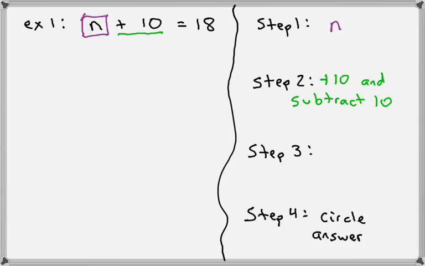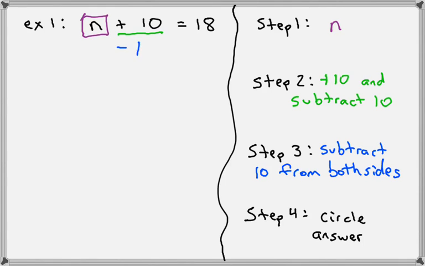Step 3 was to actually perform that operation. So we needed to actually subtract 10 from both sides. So we'd subtract 10 here. We have to subtract it on the other side of the equation as well. So that's going to give us an n.